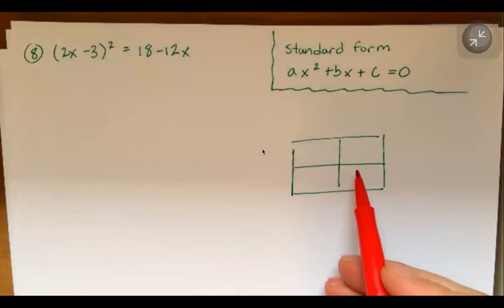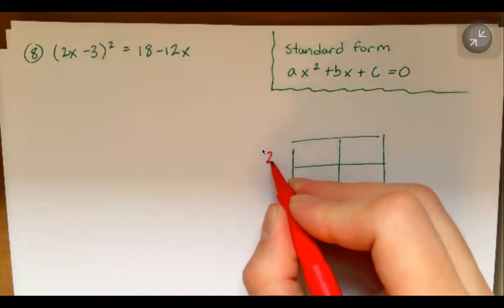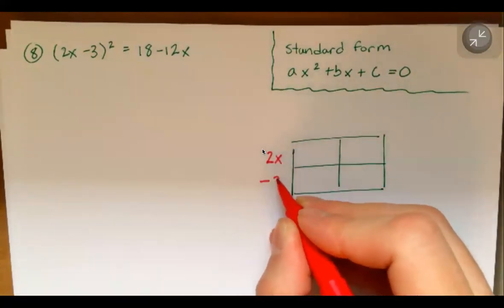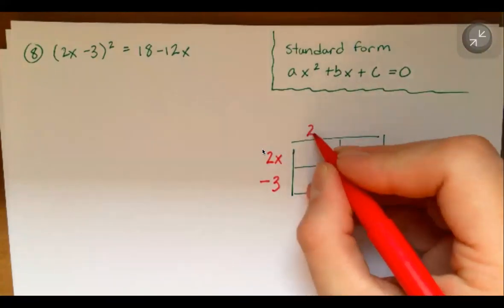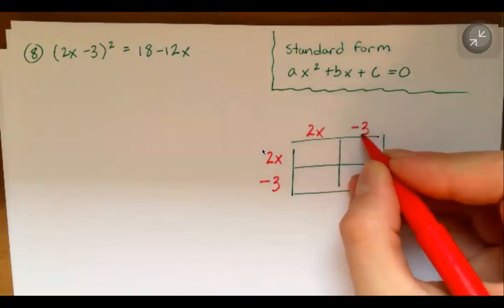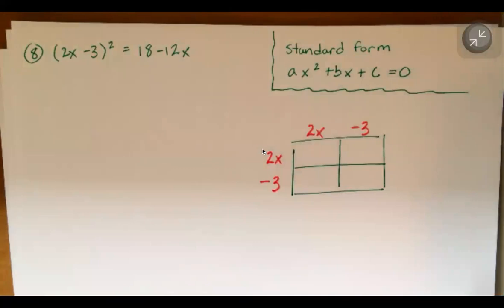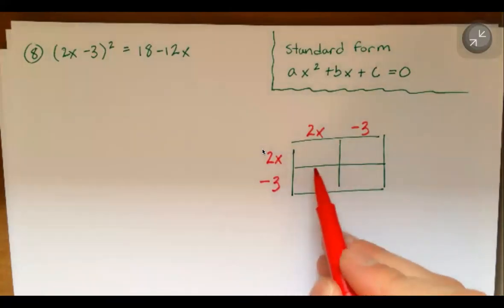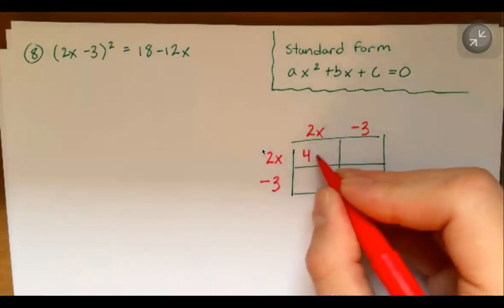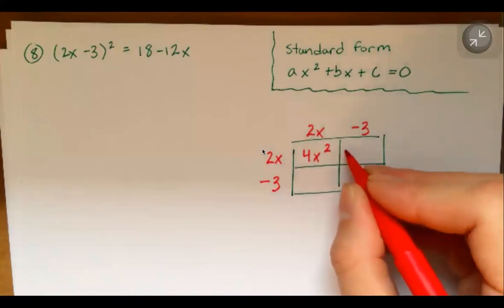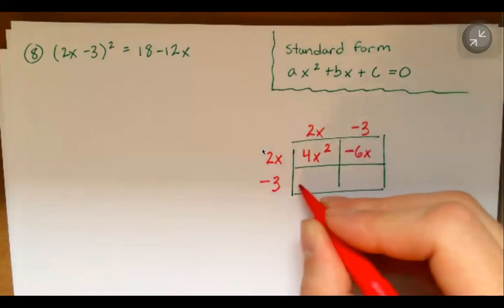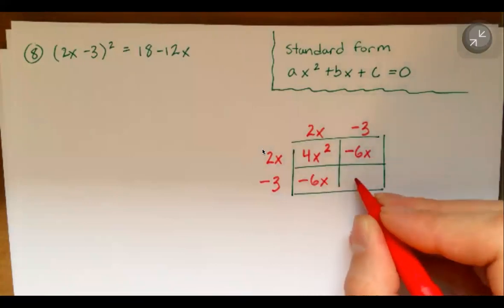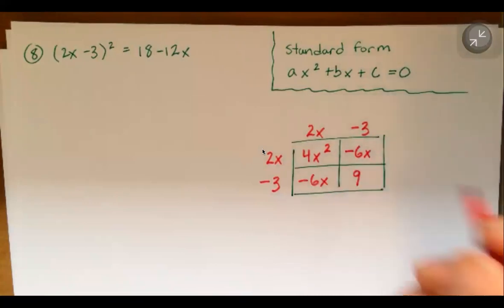I'm going to use the box method to multiply that out. So 2x minus 3 and 2x minus 3. Right, so I'm going to go ahead and multiply these things. We get 4x to the second power, negative 6x, negative 6x, and 9.